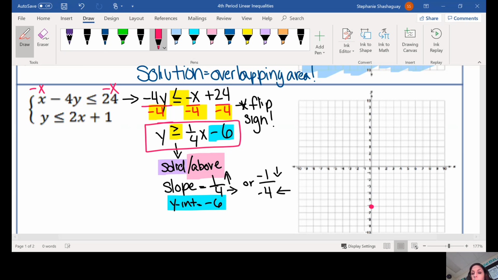My slope is 1/4, so it's up 1 and over 4. 1, 2, 3, 4. And I can also go down 1 and to the left 4. Okay, this is a solid line. And I am shading above.